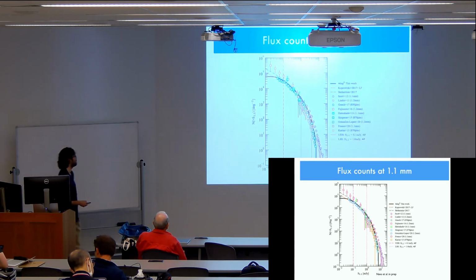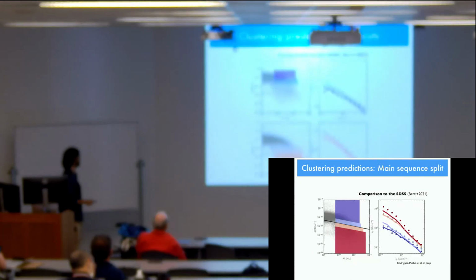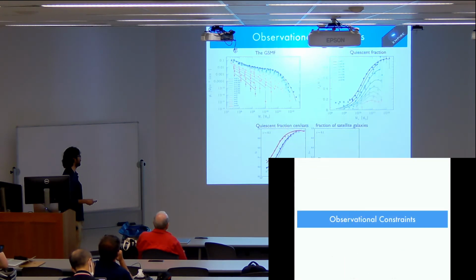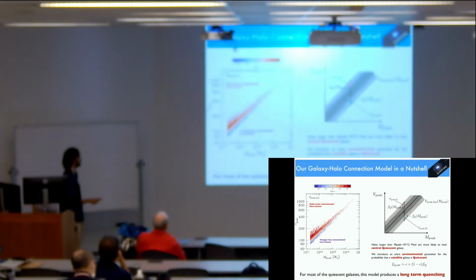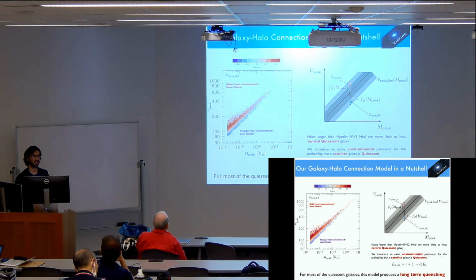Well, in some sense, there is a connection because actually in this plane, we need to decide whether it is a star forming or quiescent galaxy. So if it is growing in M peak and you cross the line, you will be a quiescent galaxy and you will have a different star formation rate, more consistent with quiescent galaxies.